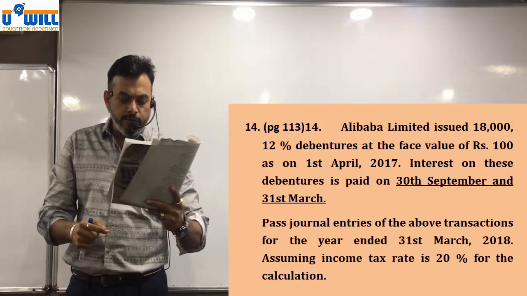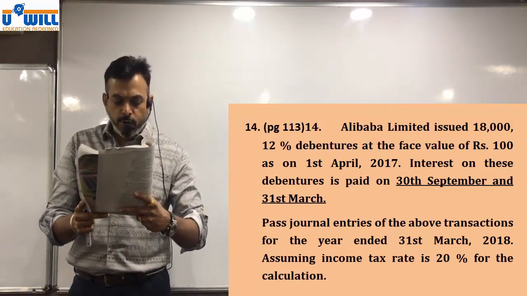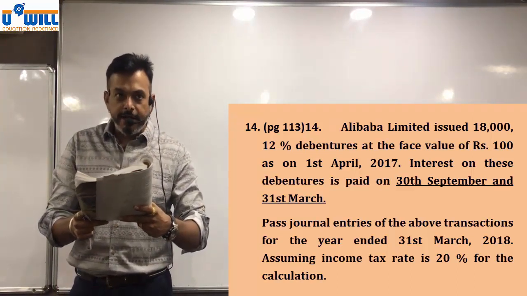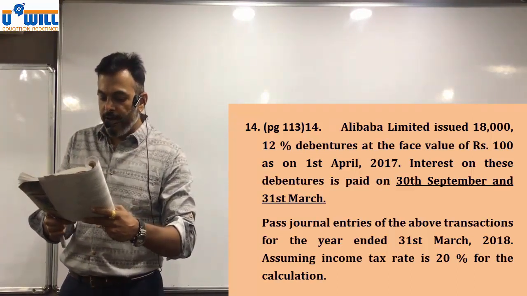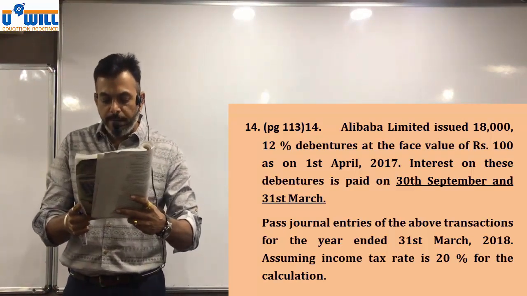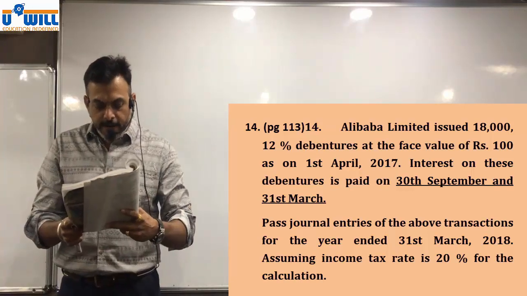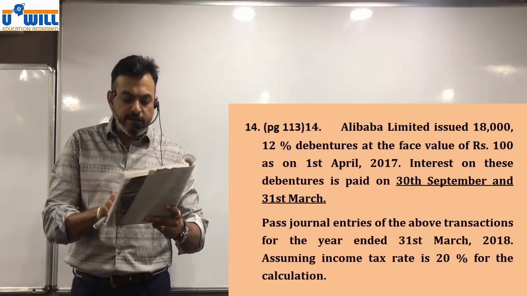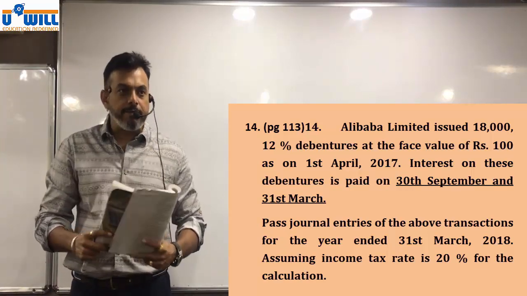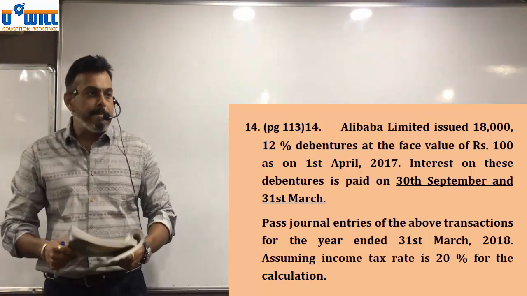Page number 113, question number 14. Alibaba Limited issued 18,000 12% debentures at a face value of 100 as on 1st April 2017. Interest on these debentures is paid on, underline this, 30th September and 31st March.